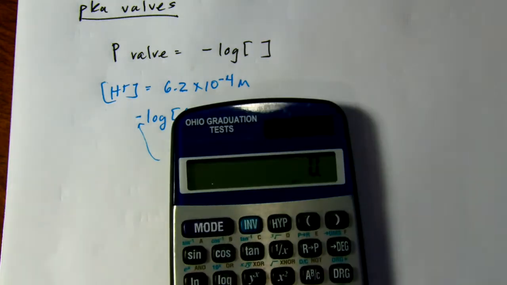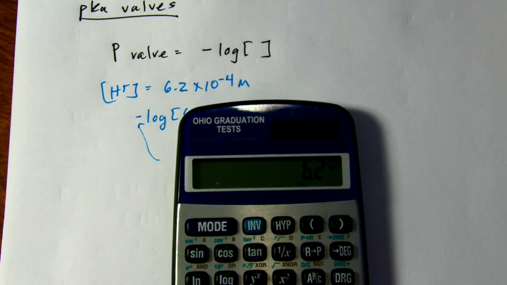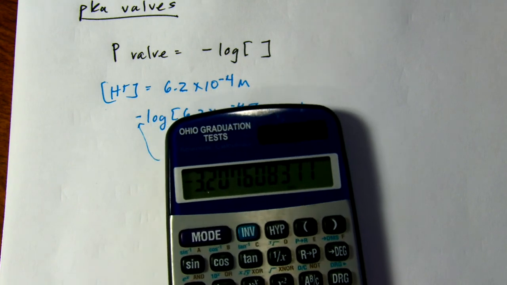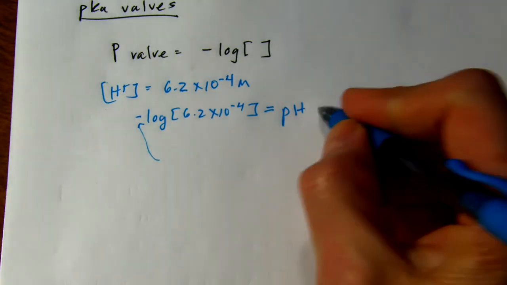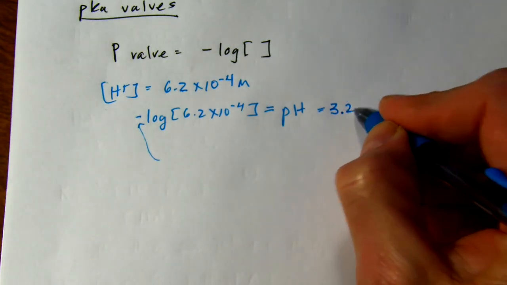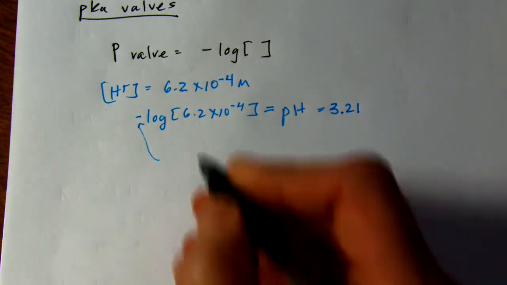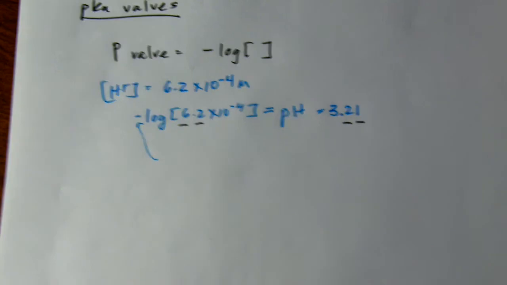So let's do that on the calculator here. 6.2, take the log. And so I didn't take the negative sign, but you can. That's 3.21. So with a pH of 3.21, and by the way, because this has two significant figures, these are your two significant figures.